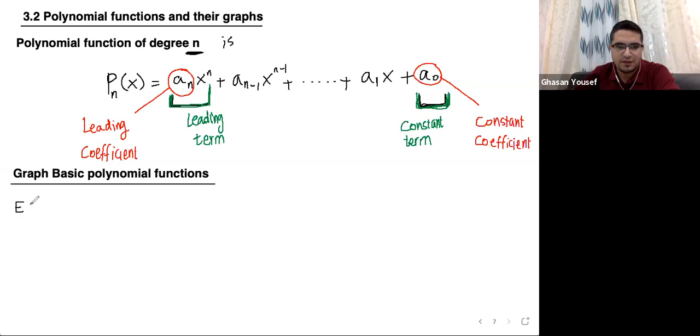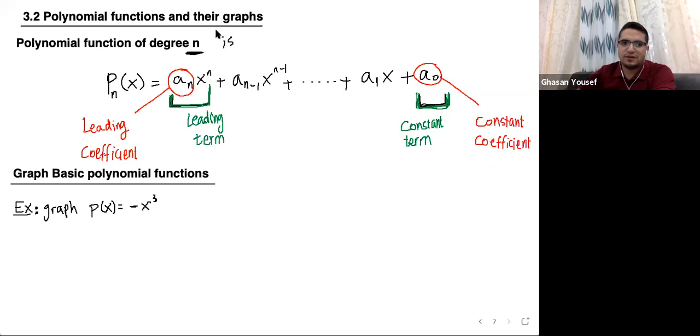For example, graph the function P of x equals minus x cubed. First of all, we have to know how to graph the original function x cubed. Then we have to flip it because we have a minus here. We flip it around the x-axis. Why? Because the minus is outside the function.